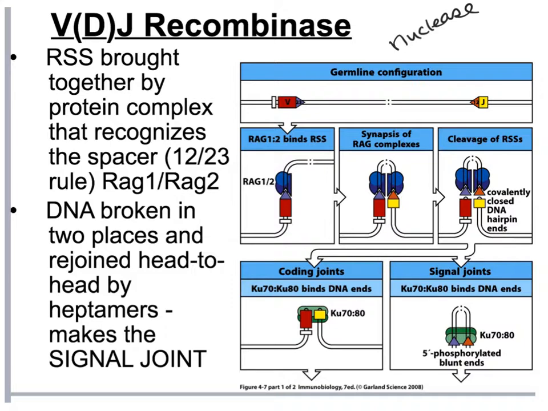What held them together before? This was just DNA, and it had this loop, so they couldn't get too far away from one another. But once you cut this off, this whole thing could just float away, and if they float away from each other, you're never going to get them back together. It just can't happen. So they have to be held together.